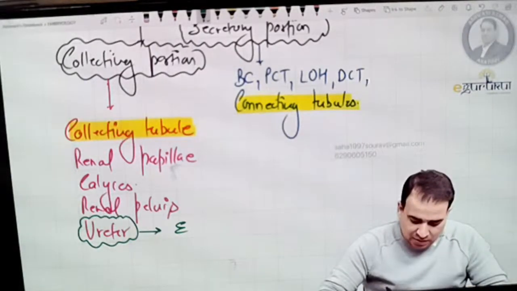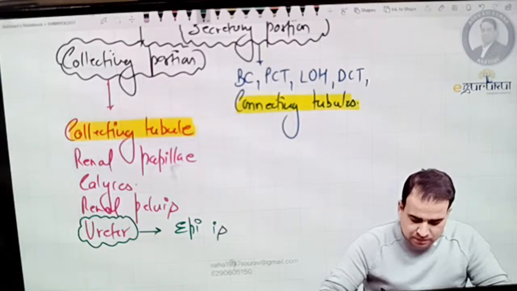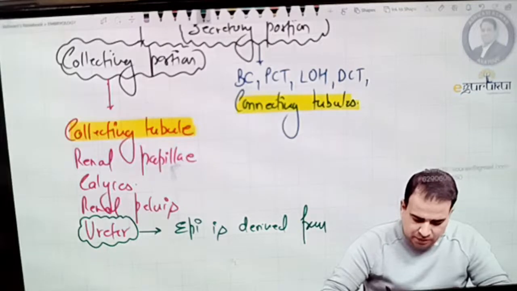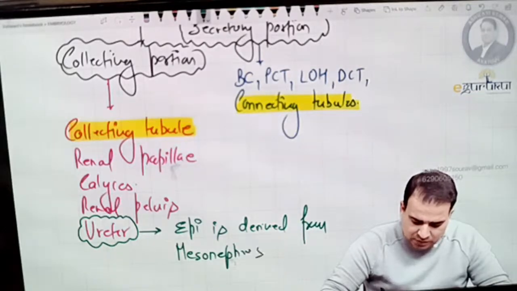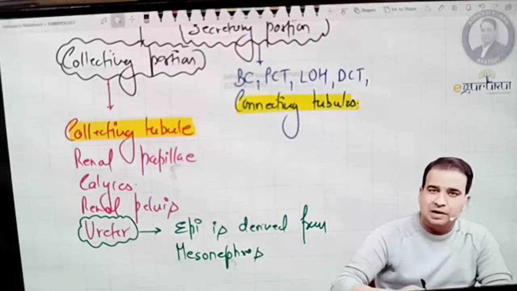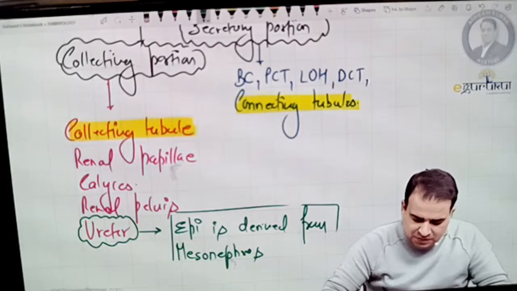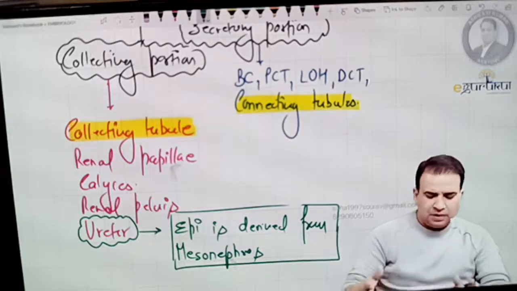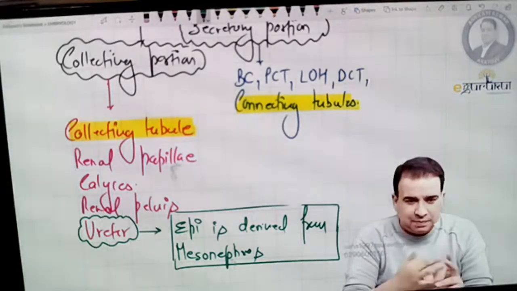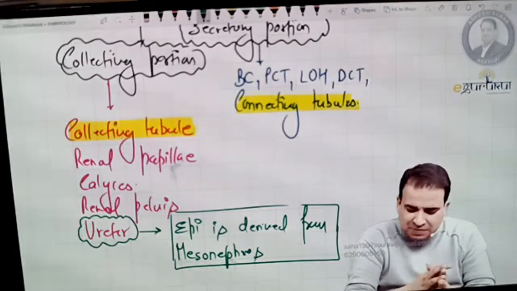So the epithelium of ureter is derived from mesonephros. And not only ureter, everything in the collecting portion, their epithelium is derived from the mesonephros. That was one of the recent questions only: the epithelium of ureter is derived from the mesonephros.